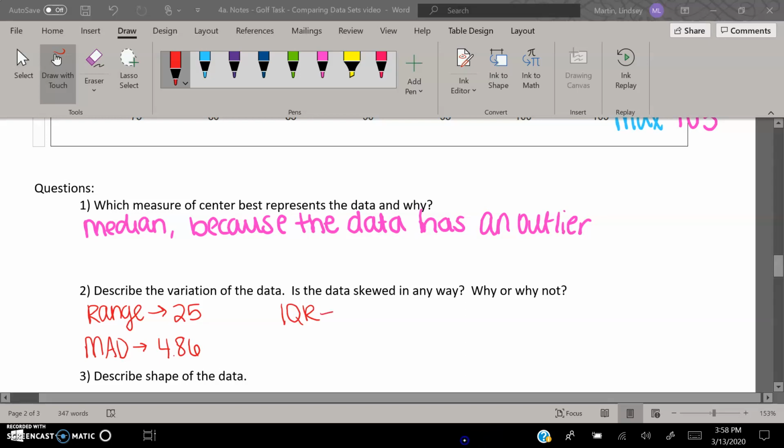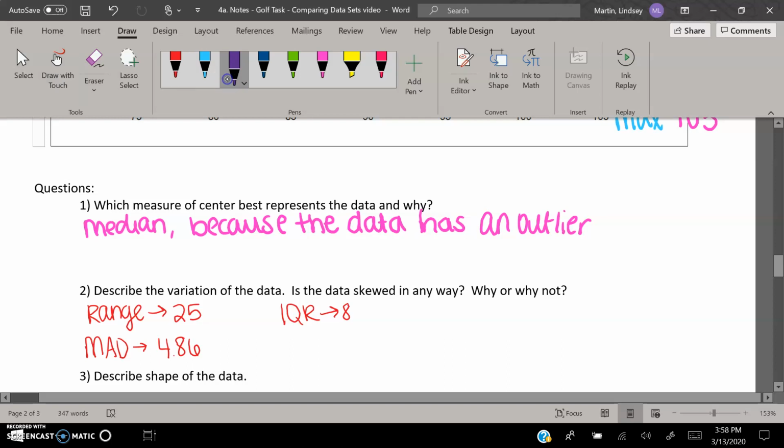And my IQR is 8. This means that the distance between the highest number and the lowest number, my range, is 25. The average distance from my data points to my mean is 4.86, and the middle 50% of my data is separated by 8 points.